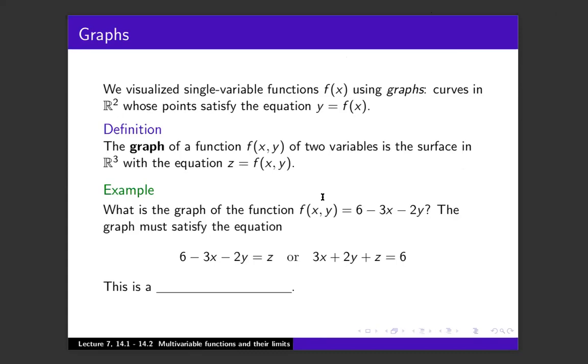So, for example, you can look at the graph of the function f(x, y) equals 6 minus 3x minus 2y. It's a perfectly reasonable function to look at. The graph satisfies the equation 3x plus 2y plus z equals 6.